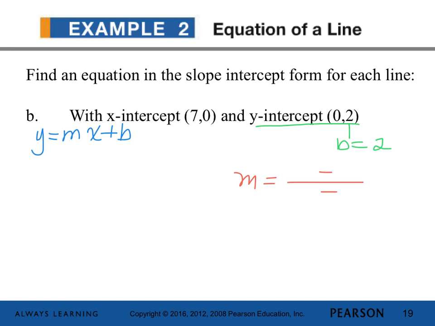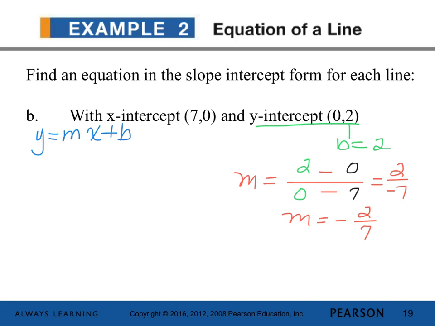So what we'll do is we'll take these 2 points, (0, 2) and (7, 0), and the slope is 2 over -7. We'll just bring the negative sign out front because it can go with the numerator or the denominator, either one, still the same thing.